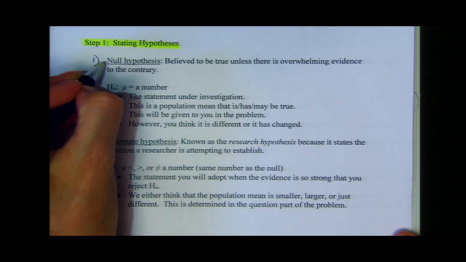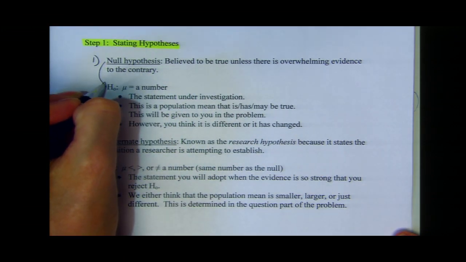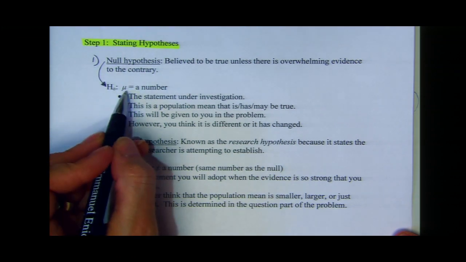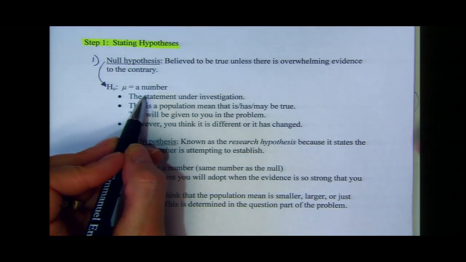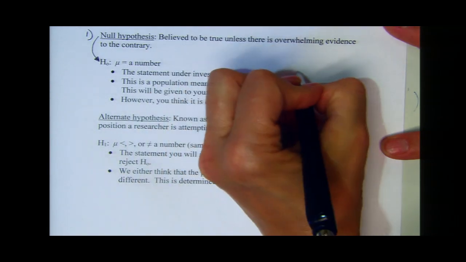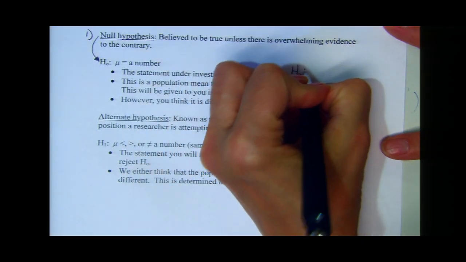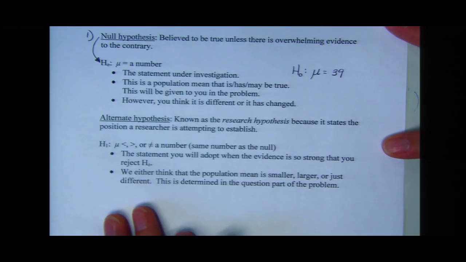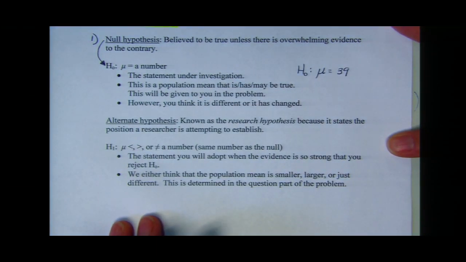So the null hypothesis is written using this symbol H sub 0, mu is equal to a number. So if I was going to create the null hypothesis based upon this example up here, I would write the null hypothesis is mu is equal to 39. So that's what the null hypothesis would look like.